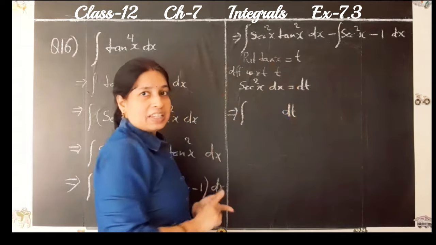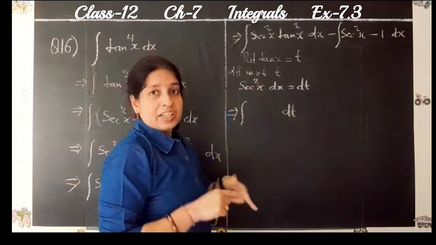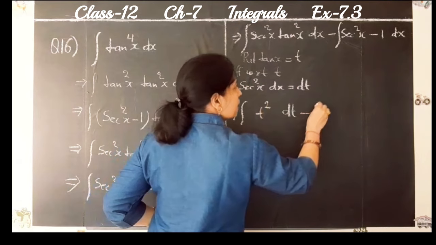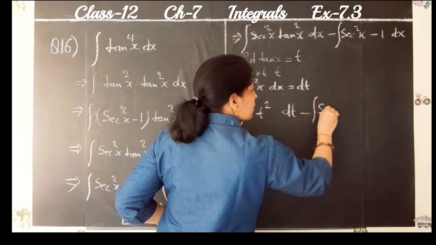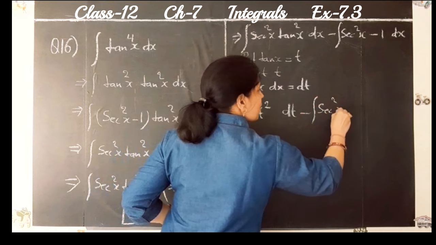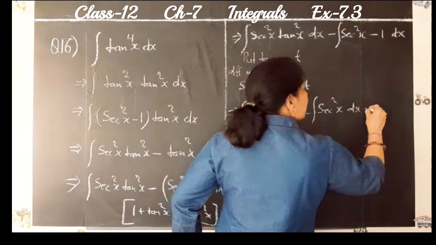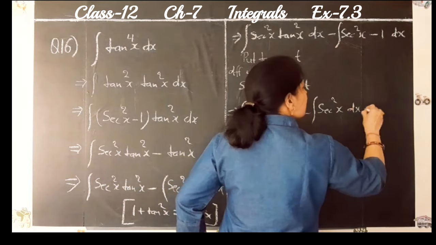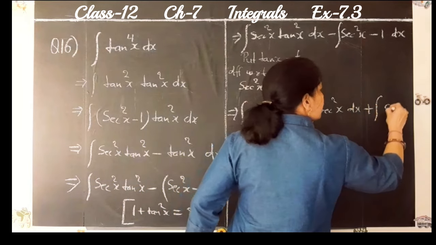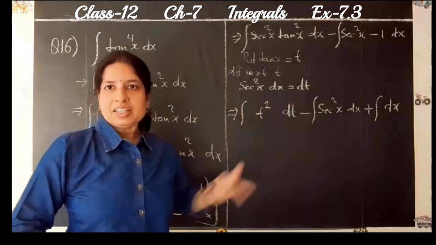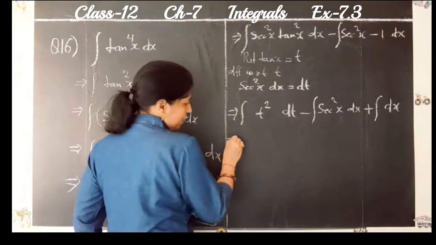And in place of tan square x, tan x is t, so it will be t square dt minus. This one is sec square x dx, right? Minus and minus will be plus 1 dx. Now we can integrate easily. Yes, this one is simple form.